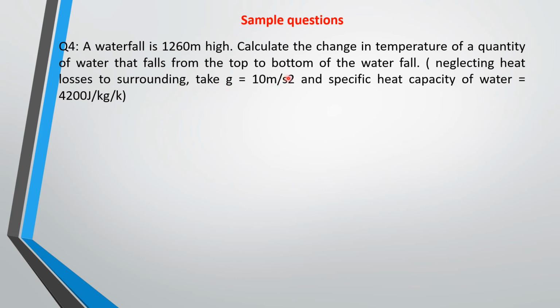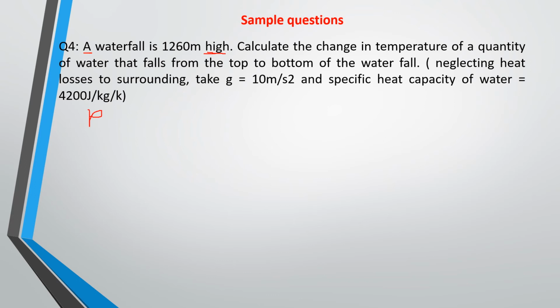Take G to be 10 meters per second square and heat capacity of water to be equal to 4200 joule per kg per K. What you want to take note of is that at the top of the waterfall, the water has energy at this height.